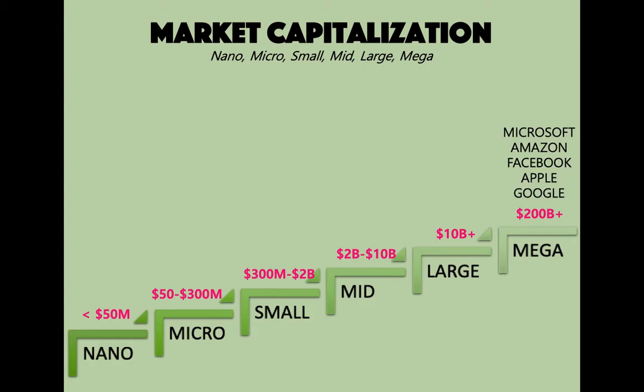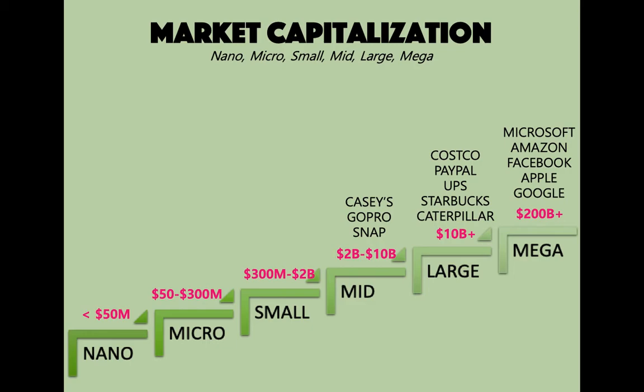So what are some of these companies that you may know? Well, the mega cap companies are the companies like Microsoft, Amazon, Facebook, Apple, Google, etc. The big ones. Large cap companies, Costco, PayPal, UPS, Starbucks, Caterpillar.